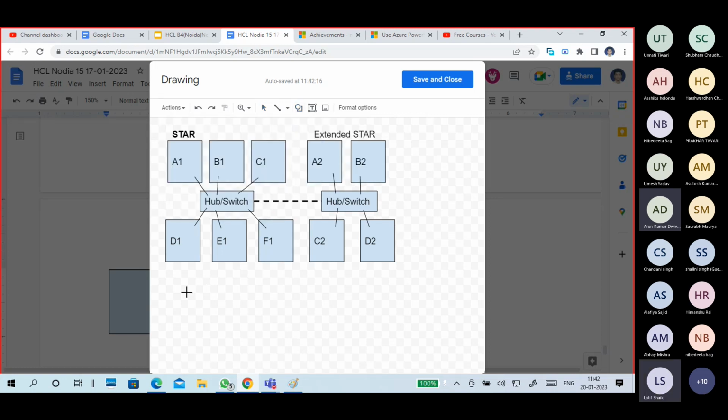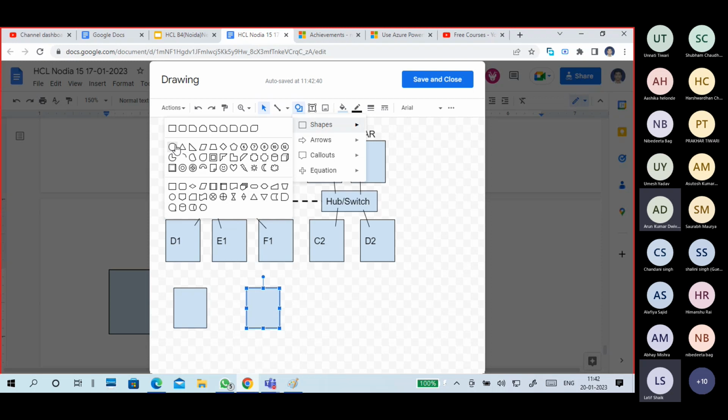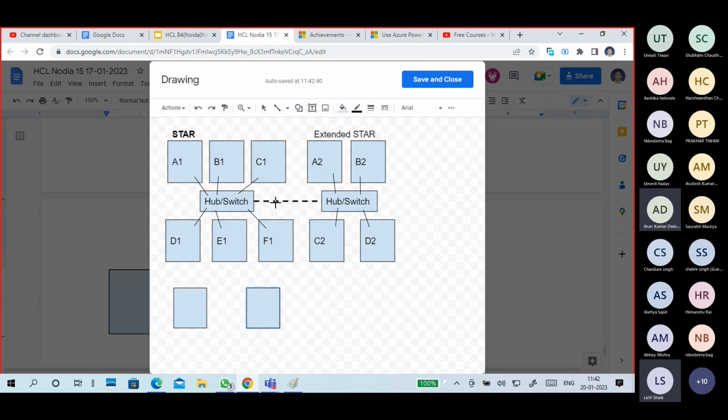Guys, understand star topology? It is easy to configure, easy to troubleshoot and easy to scale. The only thing is you have to pay additional money for a centralized device. We are using a centralized device called a hub or a switch.